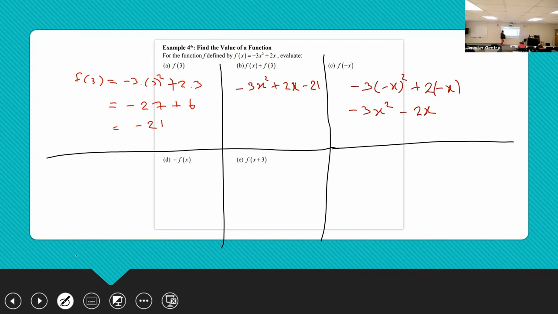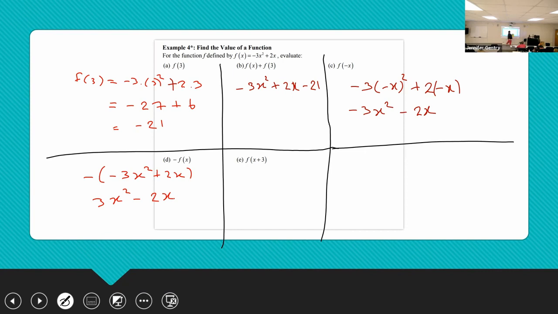So what's a negative times a negative? Positive. And what's a negative times a positive? Negative. 3x squared minus 2x.